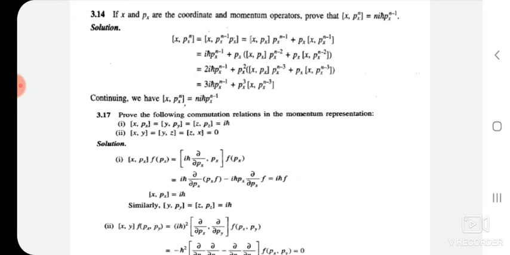First, the commutator [x, px^n] can be split into [x, px^(n-1) px], which can be written as [x, px^(n-1)] px plus px^(n-1) [x, px].